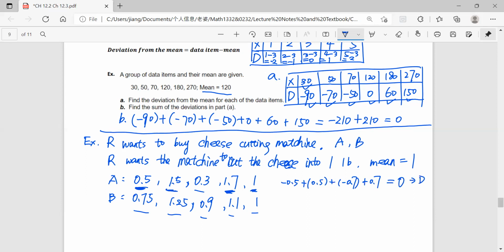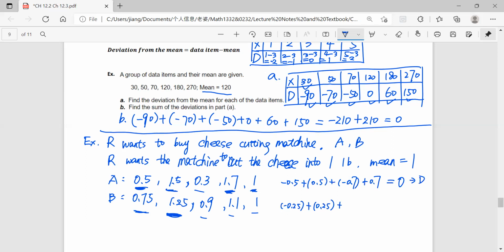And then for the second data, I have 0.75 minus 1 is negative 0.25. And then the deviation of the second data, that's 1.25 minus 1 is 0.25.